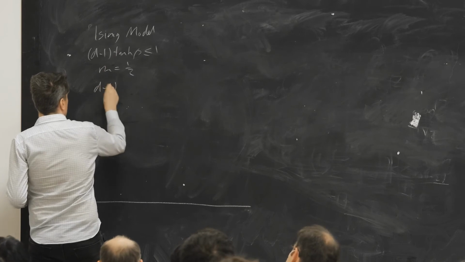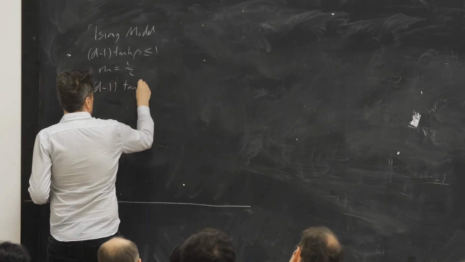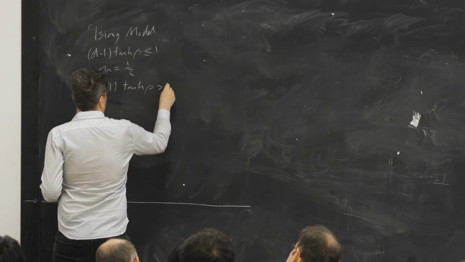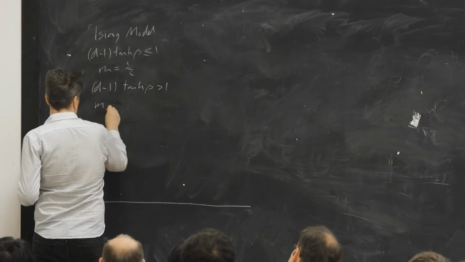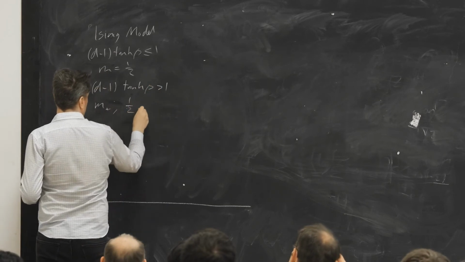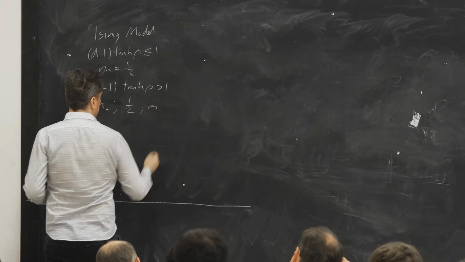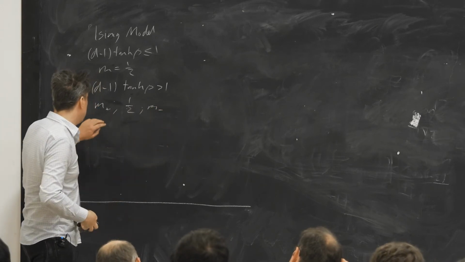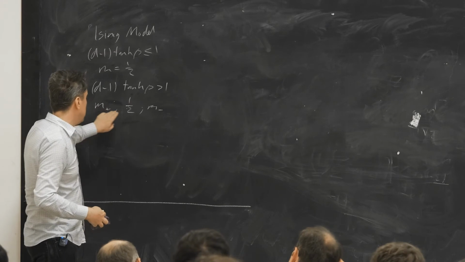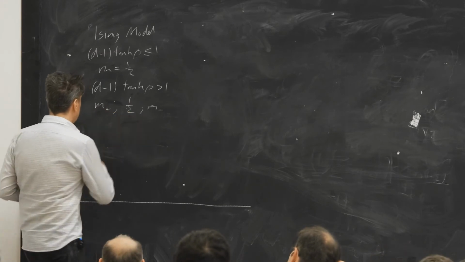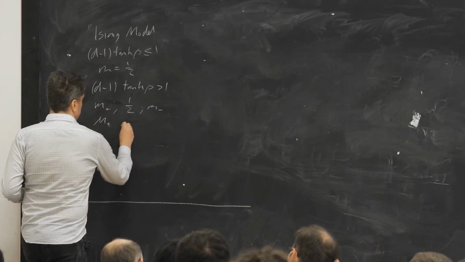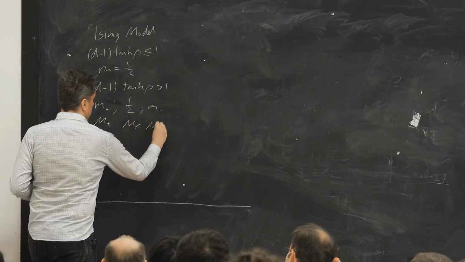But when (d-1) tanh(beta) is greater than 1, we had three translation invariant Gibbs measures corresponding to m plus, 1/2, and m minus: mu plus, mu free, and mu minus.